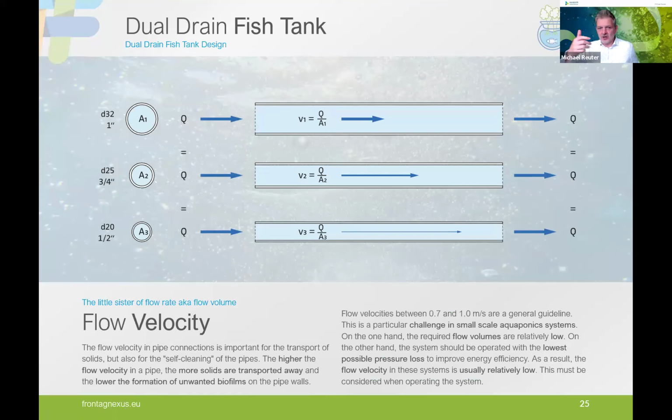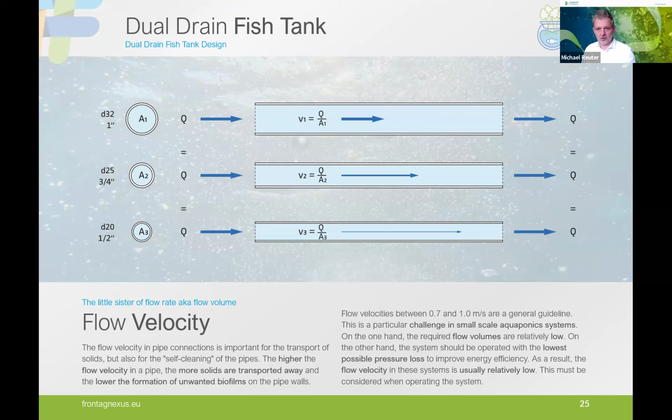Then a very important point in the fish tank design, but also in the design of the aquaculture in general, is the flow velocity inside of our pipes. That is because, especially when we are looking at solids, we want to have a high flow velocity that transports out all the solids out of the fish tank.